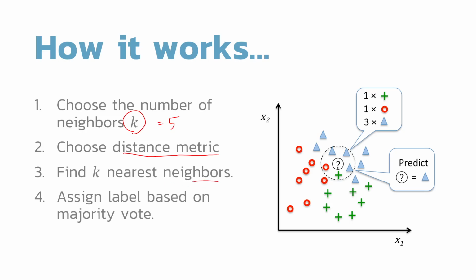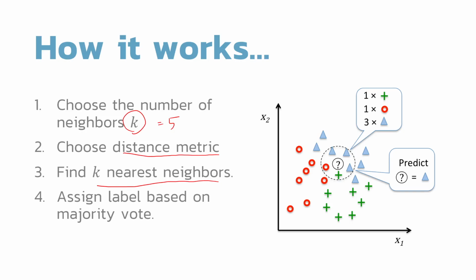So find the k nearest neighbors, and then the model looks at the class of your neighbors and assigns the unknown sample the majority vote. That means that in this circle, the majority of the classes among your neighbors is blue, so you assign your sample in question the blue class.